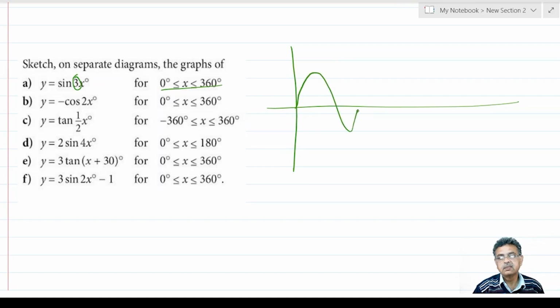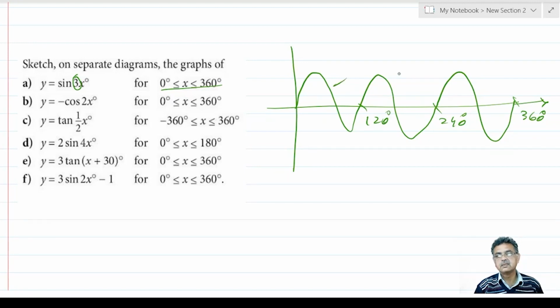So this is 1, 2, and 3 cycles will be there here till 360 degrees. This will be 240 and this will be 180. You can see that there are 3 periods, 1, 2, and 3.